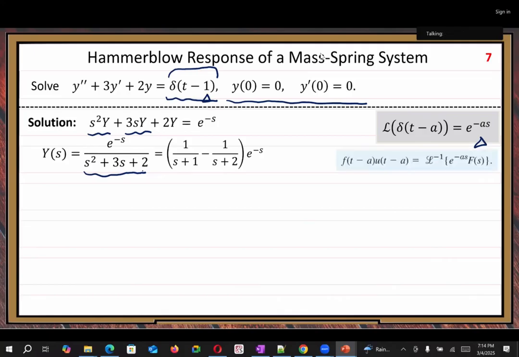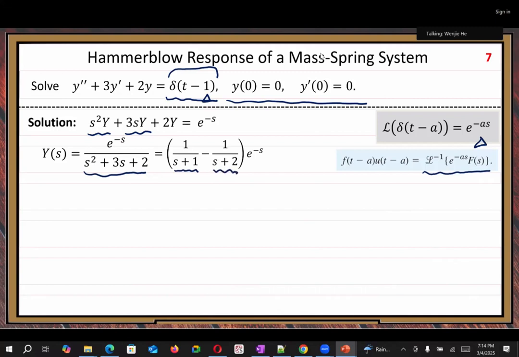Then the second shifting theorem. But we need negative s, negative a. Before you apply that, you need to apply the first shifting theorem.